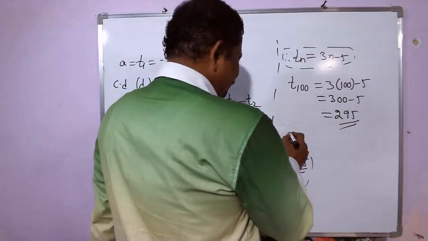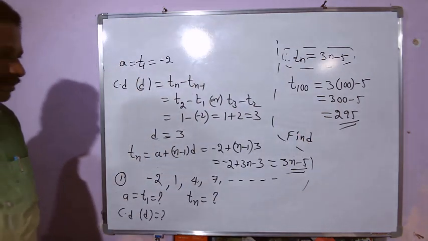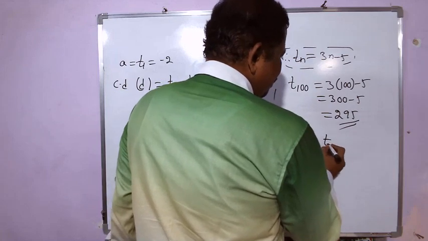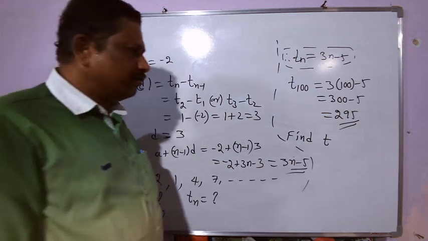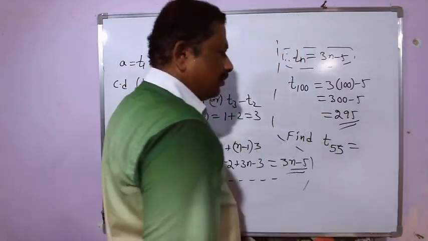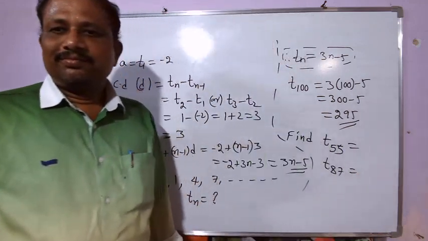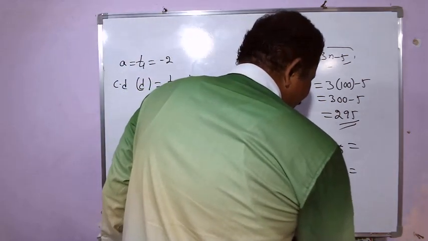Now I want to give some more questions to you. Find, not the 100th term, you have to find the 55th term and also the 87th term, and finally I will give one more, the 150th term.